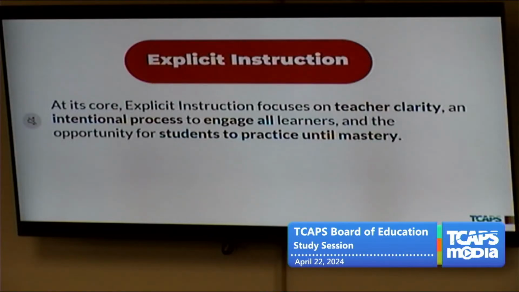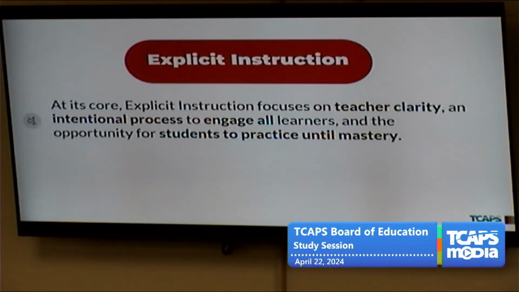No hands in a classroom. Everything should be phrased in a way where all kids are asked to participate. They show whiteboards as a response, they turn and talk to their neighbor, they chorally respond, but it needs to be all kids engaged. And the kind of final tenet is that there are opportunities for student practice until mastery.